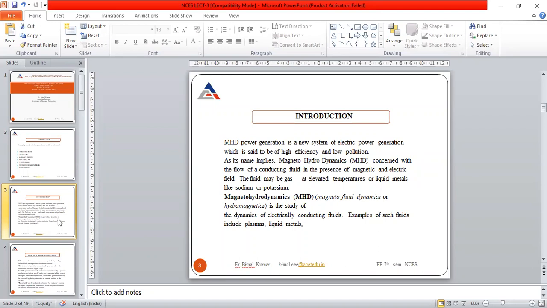Examples of such fluids are plasmas, liquid metals, etc. So in this case, we are not saying that all metal may be in molten state flowing through it and electricity will be produced. Some special cases will be there, some special type of material will be there, obviously, across which some electricity will be generated. Right.